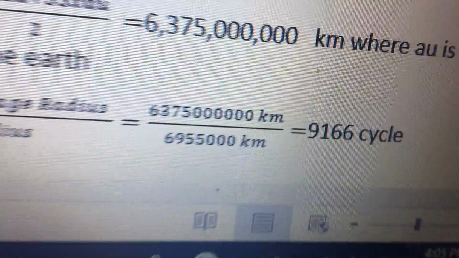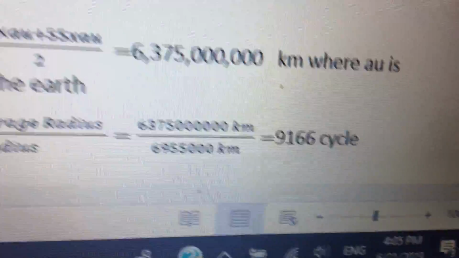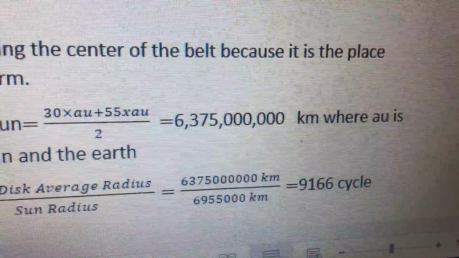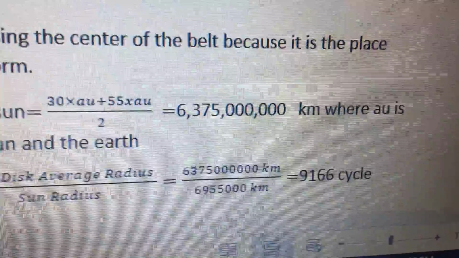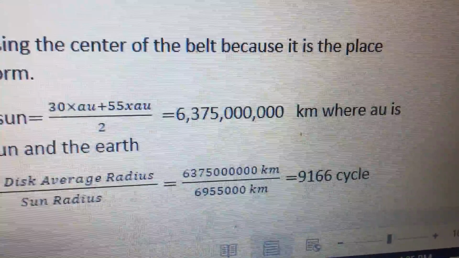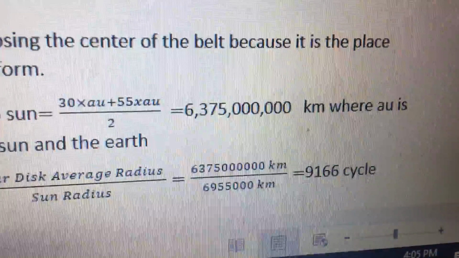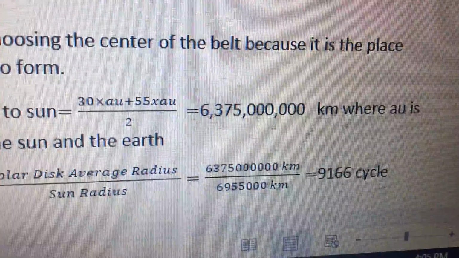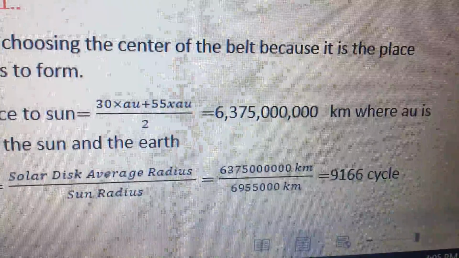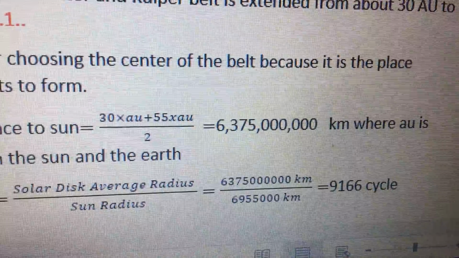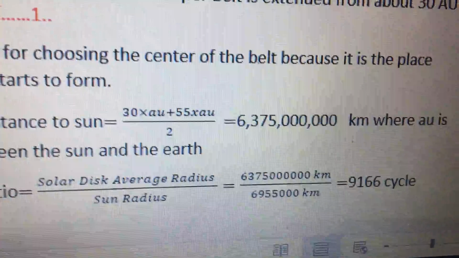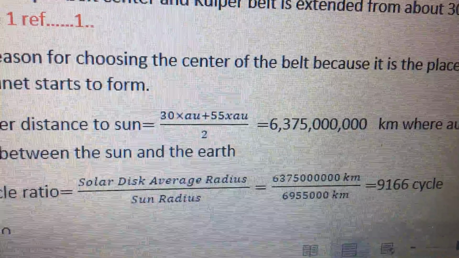So when you multiply the 9166 by any planet's diameter, it gives you the average distance from the sun's center to the planet's center. This works with Mercury, Venus, Earth, and Mars. You can try this one and see.